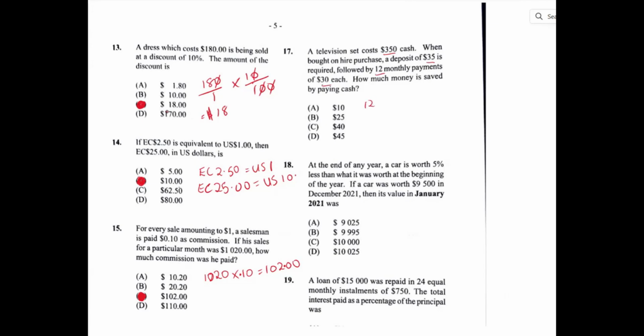So the 12 monthly payments of 30 will give us $360. And then the 360 plus our initial deposit will give us $395. And since our cash price was $350, it means that we would have saved $45 if we had paid with cash.